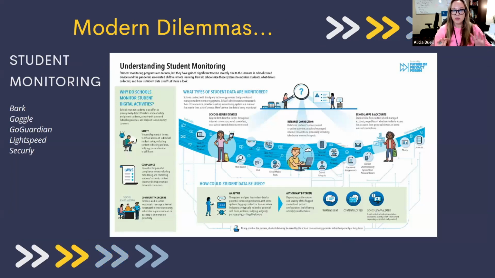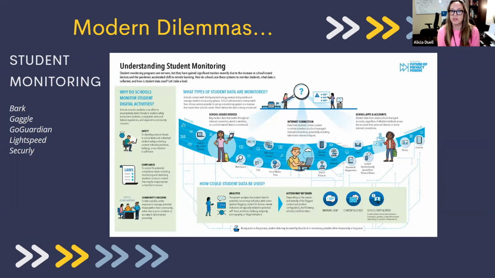All right, this is where I love to get into some actual specific things that you might be encountering in your schools and districts. So first of all, student monitoring. Examples of student monitoring are Bark, Gaggle, GoGuardian, Lightspeed, and Securly.